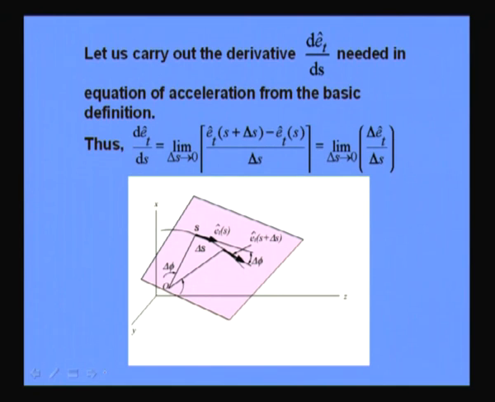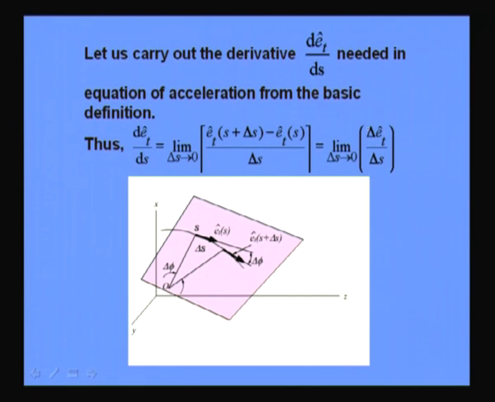From the basic definition, det by ds is the limit as delta s tends to 0 of et(s plus delta s) minus et(s) divided by delta s, which can be written as the limit as delta s tends to 0 of delta et by delta s.